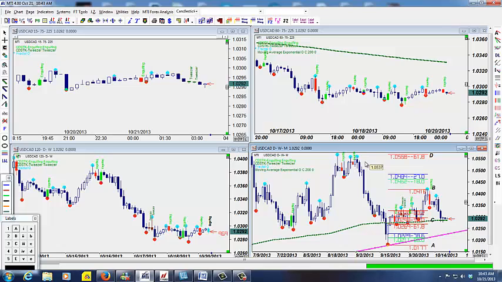So going back to our part 1, remember what we said. We said that we want to use our fibs in the ABCD pattern to figure out how and when to get into a trade.